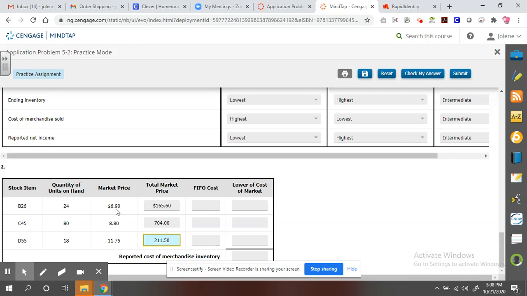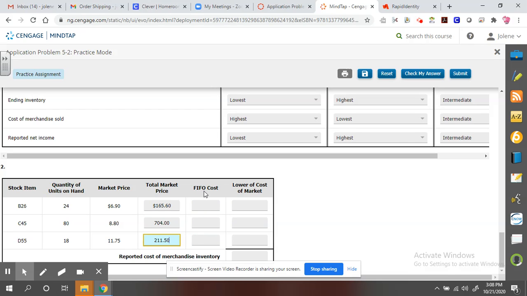And that's taking the market price. What is out there in the marketplace. Okay. But what we're going to do is pull down our FIFO ending inventories, and we're going to compare them. And then we're going to take over here the lowest of these 2.